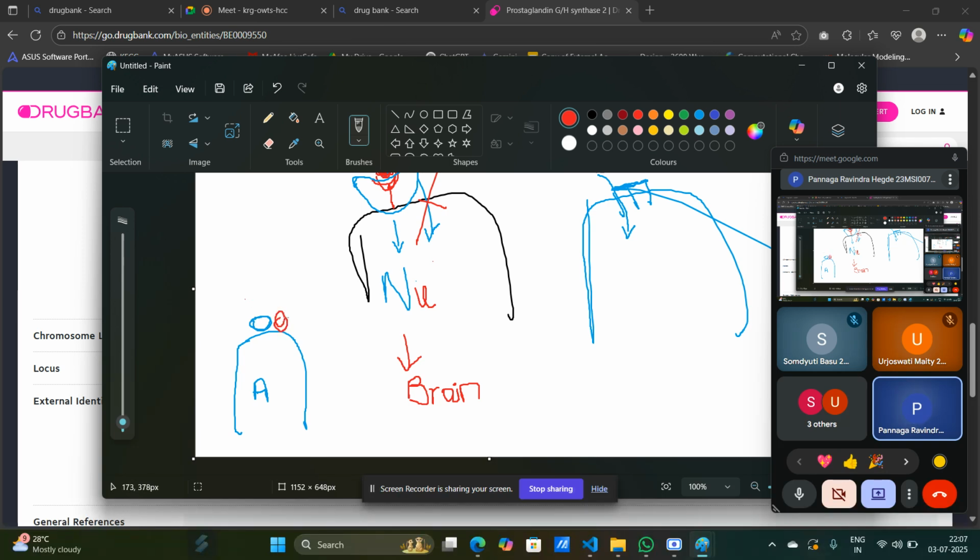Because of similar size or similar shape, this transporter protein fails to recognize the specificity of the molecule, and it will just start transporting this red molecule instead of the blue. In this case, the transporter protein becomes our target. Are you guys able to understand? These are some random examples that I'm trying to give you to make you understand what the possible different targets are.